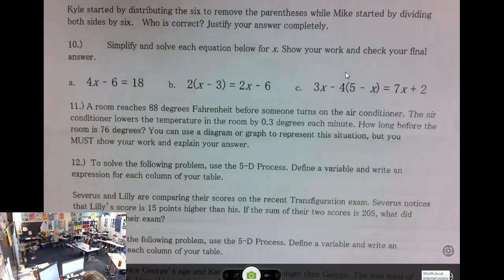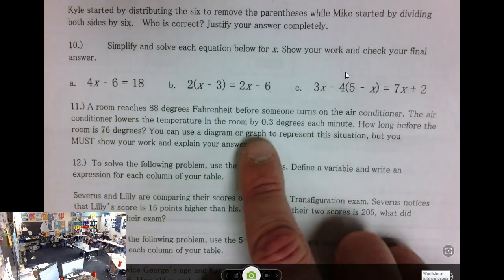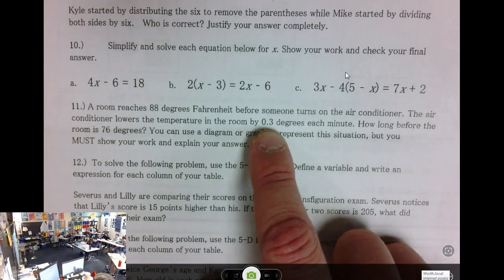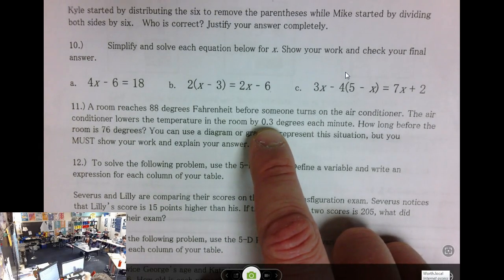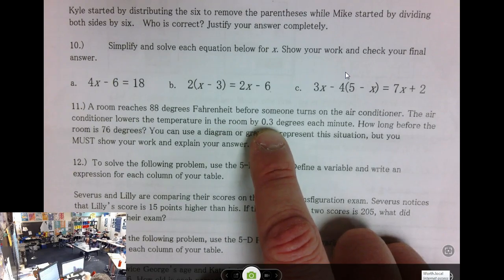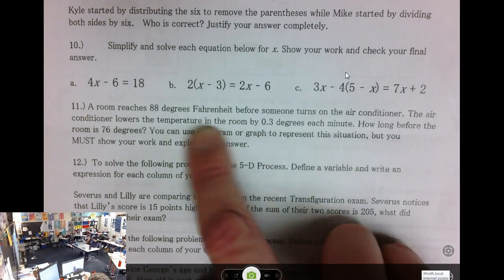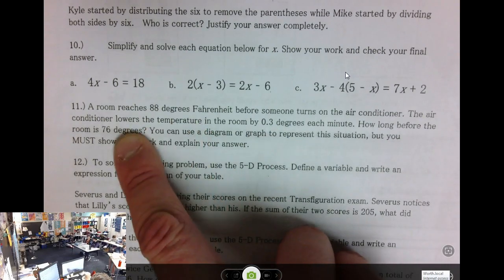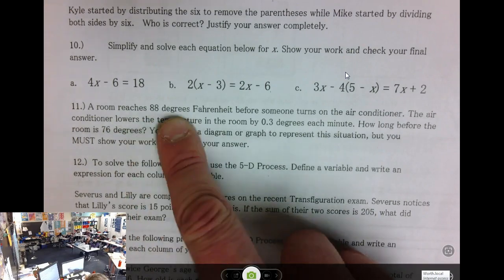In 11, I think some of us misread. It goes down by 0.3 degrees each minute. It's going to take at least 3 minutes, more than 3 minutes actually, to even lower by a single degree. And I need to go from 88 to 76. So I think some of us need to look at that again.